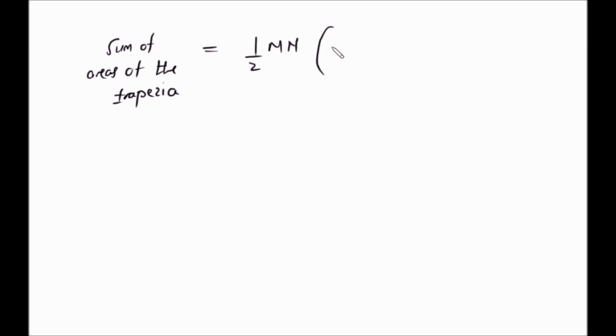So the sum of areas of the trapezia. If it is one it is a trapezium, if many they are trapezia. It is half times mn and then the sum of perimeters of the polygons.